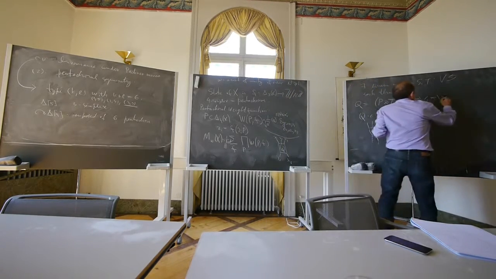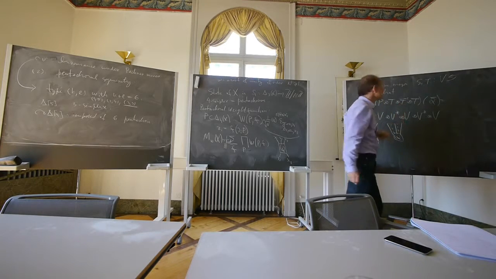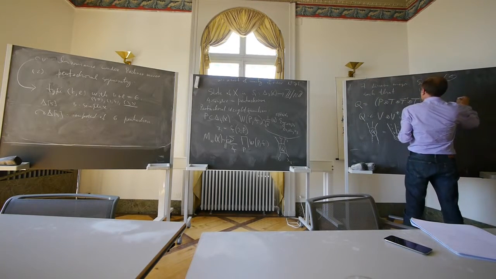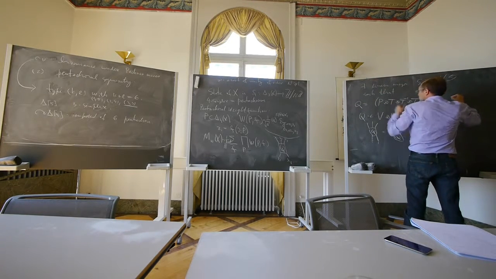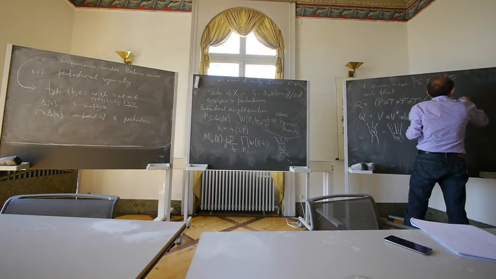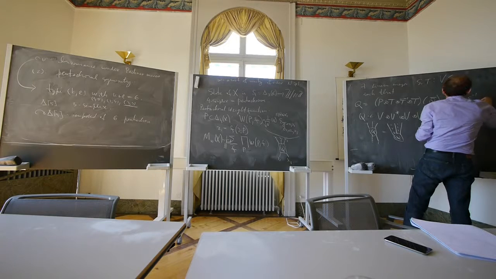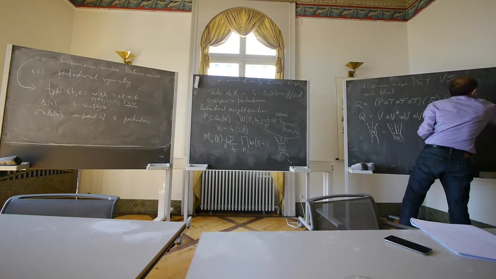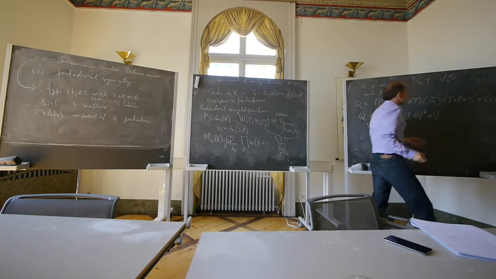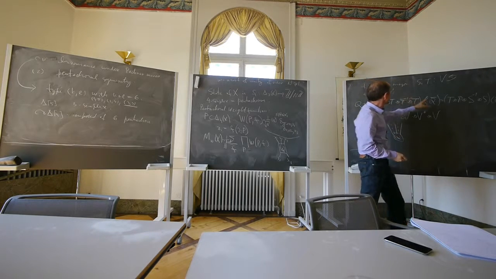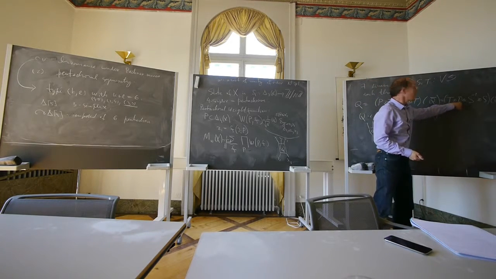But there are three more relations like this, which look like T tensor P tensor S minus 1 tensor S acting on Q bar. So this time, as you see, P jumped to the second position.